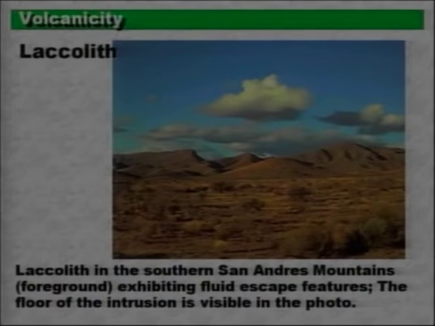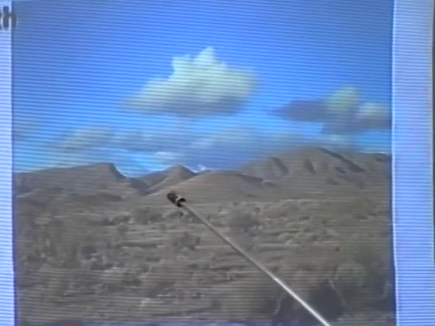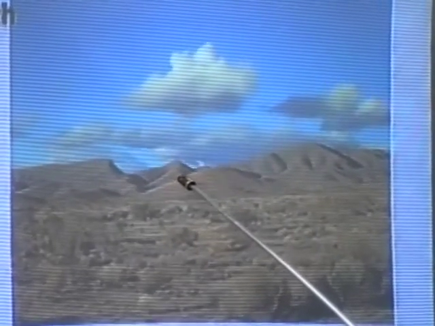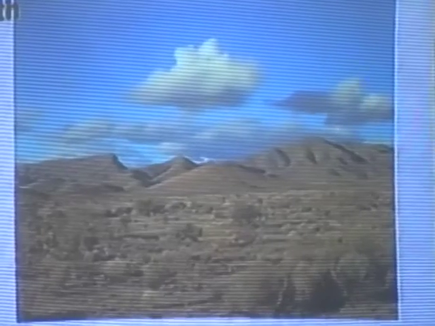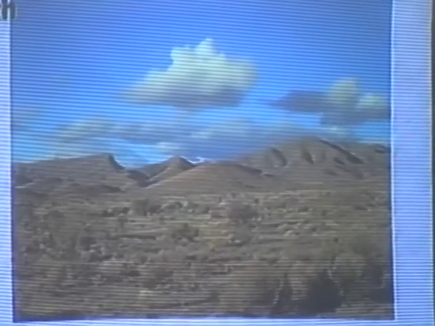So we're looking at this feature here. It's an example of a Laccolith exposed in the San Andreas Mountains. Okay, so in reality, we're looking at an example here.